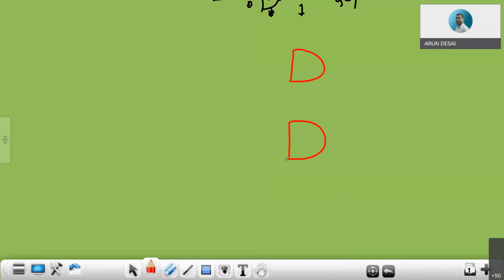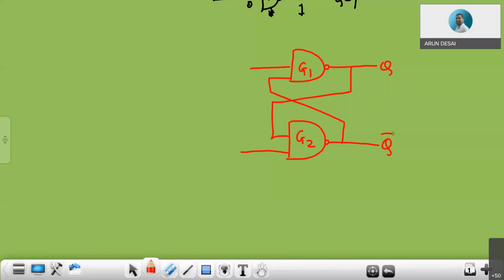Suppose this is my G1, G2, and this is basically a latch, then in that case, we cannot set or reset the values, right? So for that reason, another set of NAND gates is used to set and reset. This is called G3, G4.